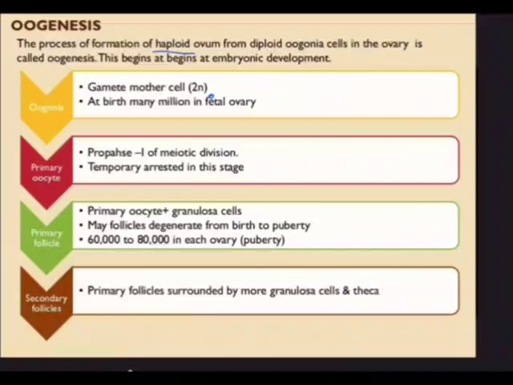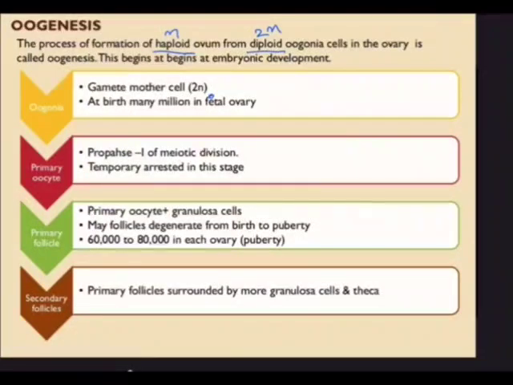Compared to a diploid ovarian cell, a haploid ovum will have one set of chromosomes less. So numerically we write N for the haploid ovum, from diploid oogonial cells. Diploid is 2N, haploid is N number of chromosomes.